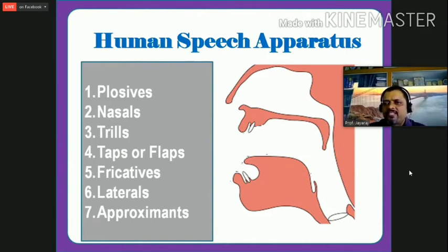Does he face the problem with the place of articulation or the manner of articulation? If my learner faces a particular problem with the manner of articulation, what kind of exercises do I need to design and what kind of training should I offer? This is what we need to understand. That is the reason why we need to do a bit of phonetics in an expert's way.